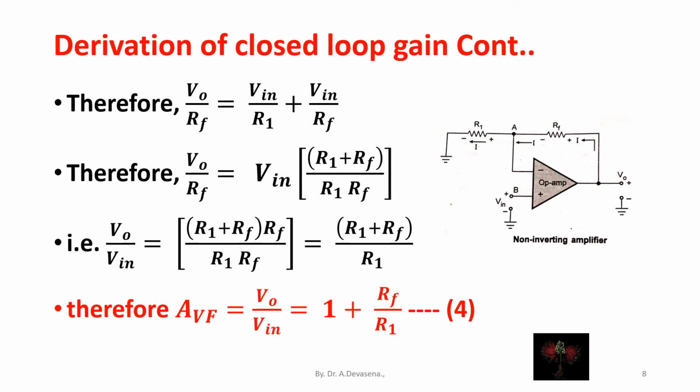This is equal to, in the numerator R1 plus Rf, in the denominator R1. Therefore, AVf, that is the closed loop voltage gain, is equal to V0 by Vin, that is equal to 1 plus Rf by R1.